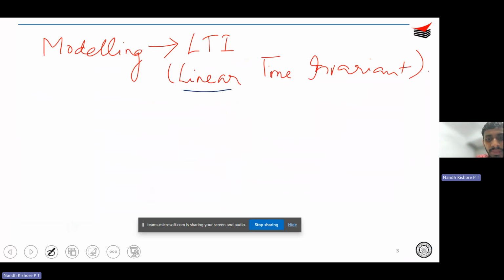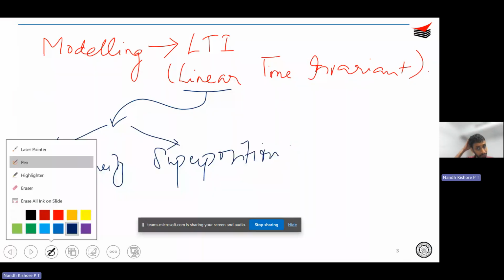So the idea is that if I have a system which follows the principle, right? So, I mean, I call it a linear system. So, what do I mean by homogeneity, right?